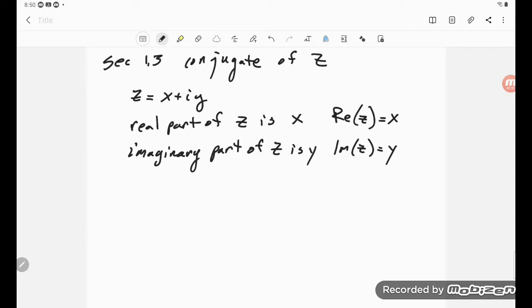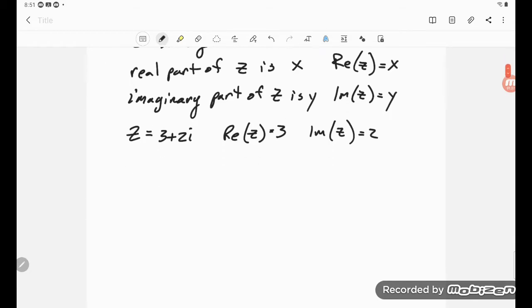So if you have something like Z equals 3 plus 2I, then the real part of Z is 3, and the imaginary part of Z is 2. Okay, not 2I, but 2. It's the real number 2.